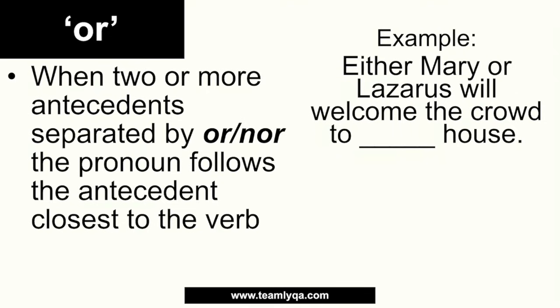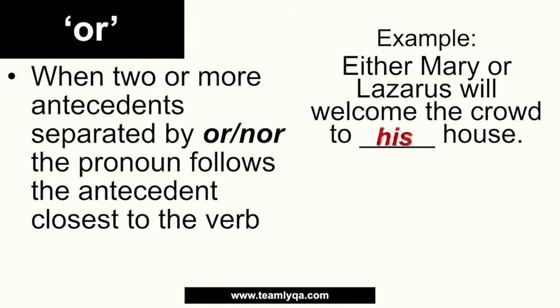Now, titingnan natin. Sino ang mas malapit na antecedent dun sa ating verb? Now, nakikita natin na una si Mary, sumunod si Lazarus. So, ibig sabihin nun, this has to be a male pronoun or masculine pronoun kasi si Lazarus yung huli. So, this will be his.